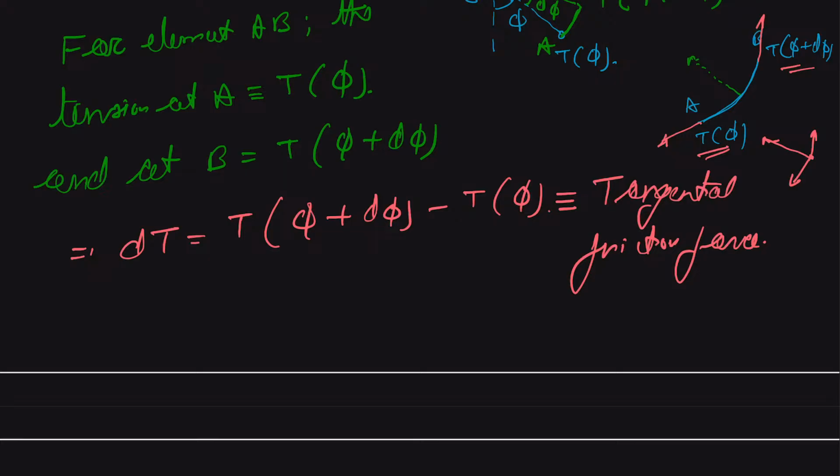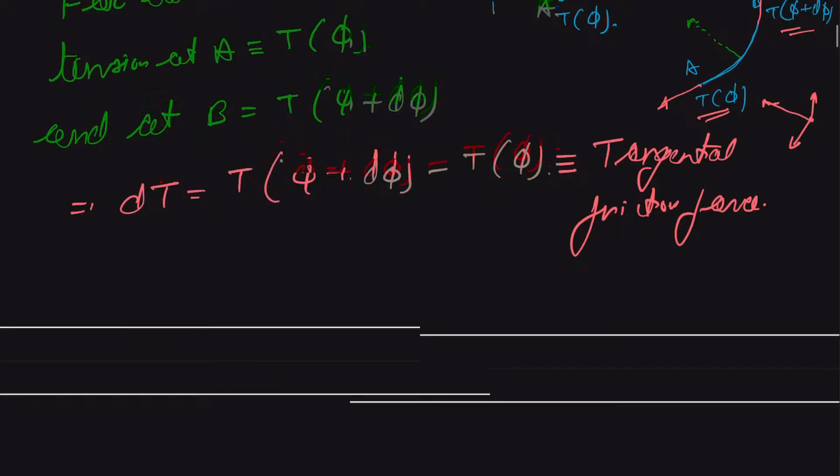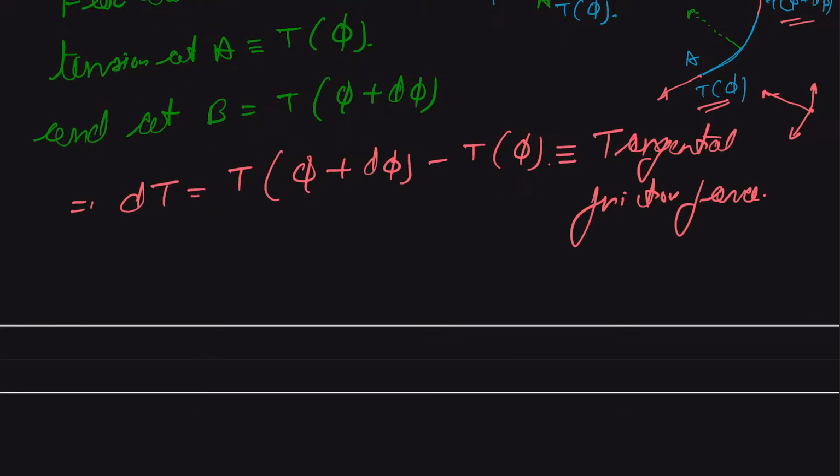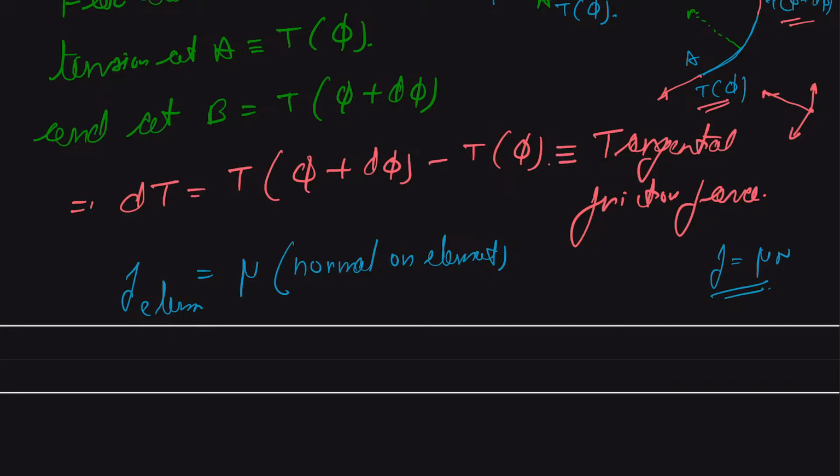So first of all, we can write the tangential friction force, the friction force in the element, equal to mu multiplied by the normal on the element, which is our standard formula. We know that F is equal to mu times N. Here the difference is we have taken an element, so it is the normal on the element.